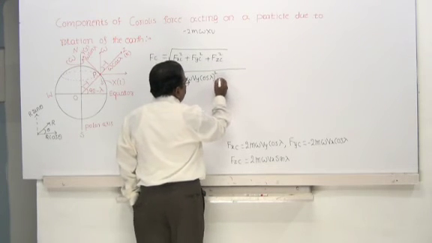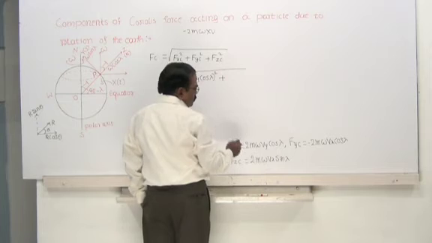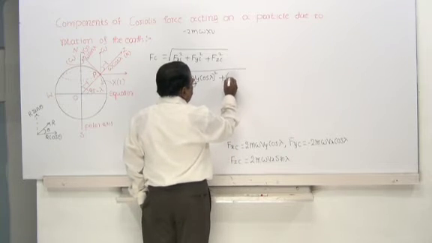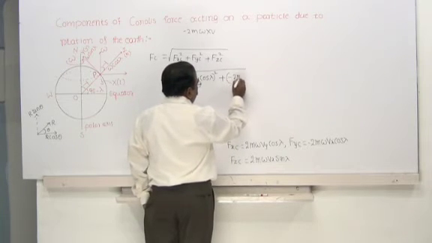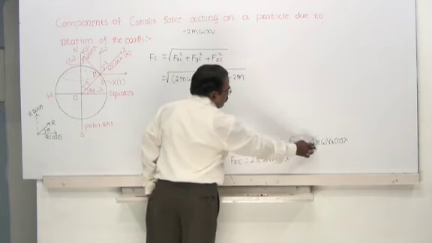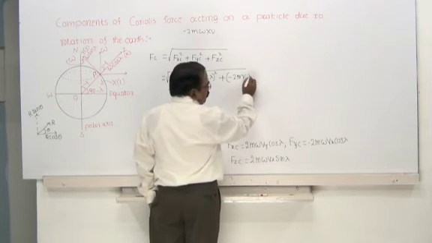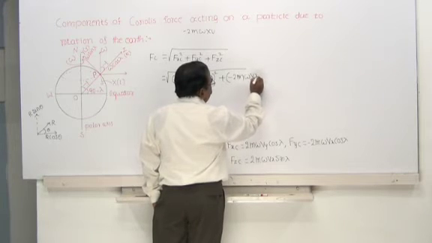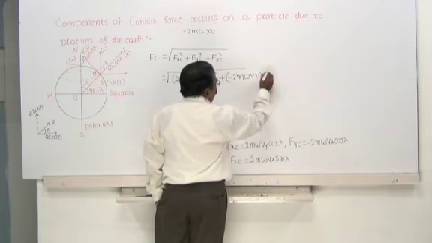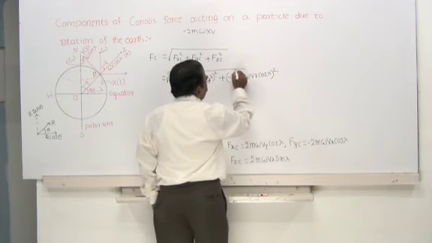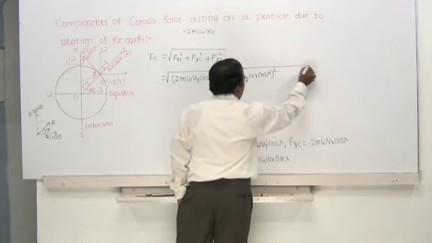Then plus, inside the bracket it is 2m minus 2m yc omega Vx cos lambda, whole square. Of course, this square root extends.